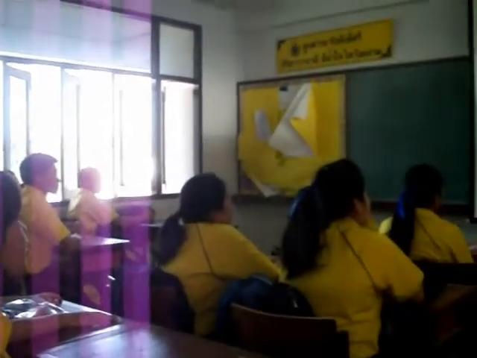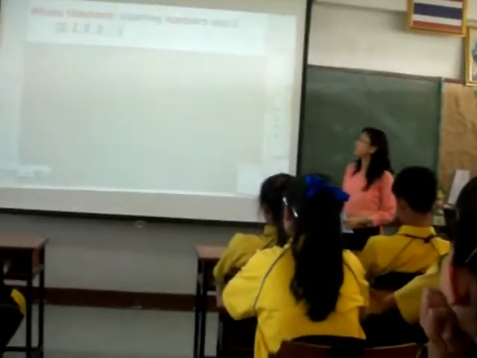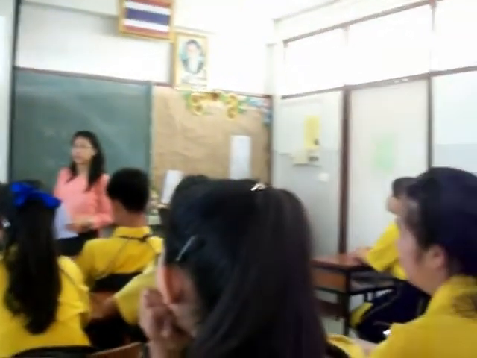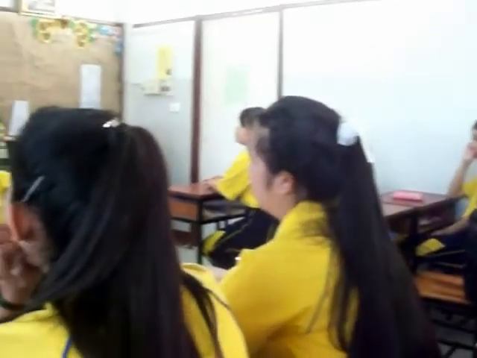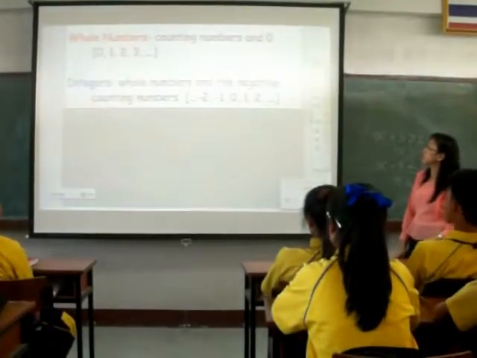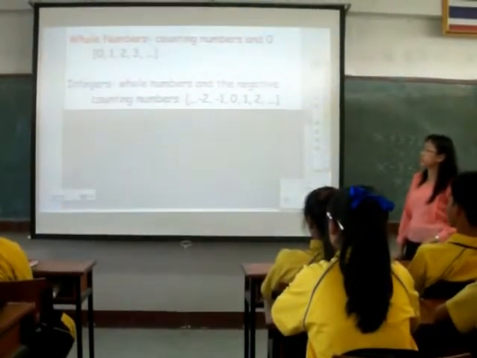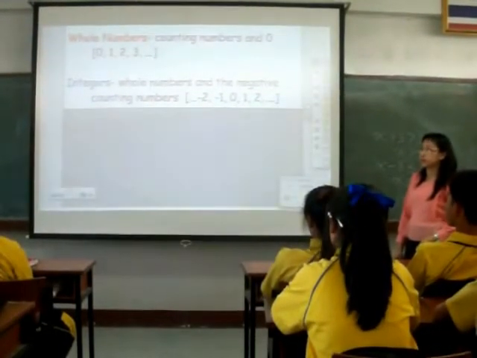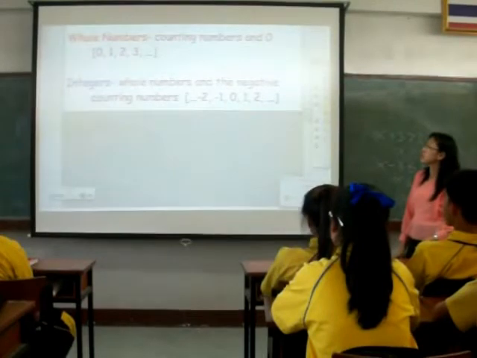Whole numbers are the numbers you count with, and 0: 0, 1, 2, 3, 4, 5, and so on. Integers are those whole numbers plus their opposites. They go in both directions forever.